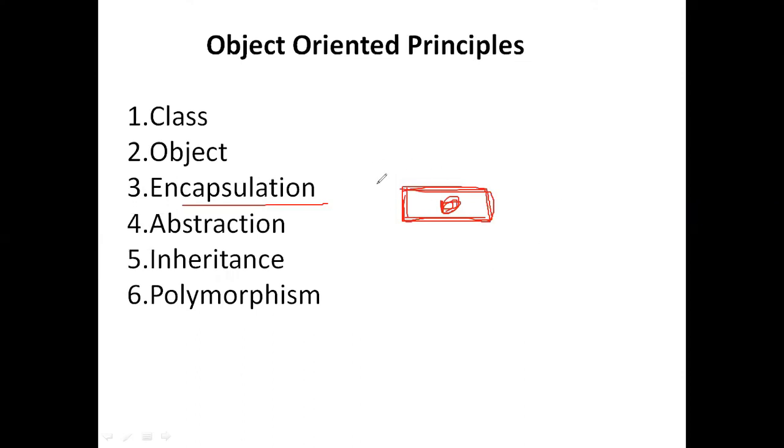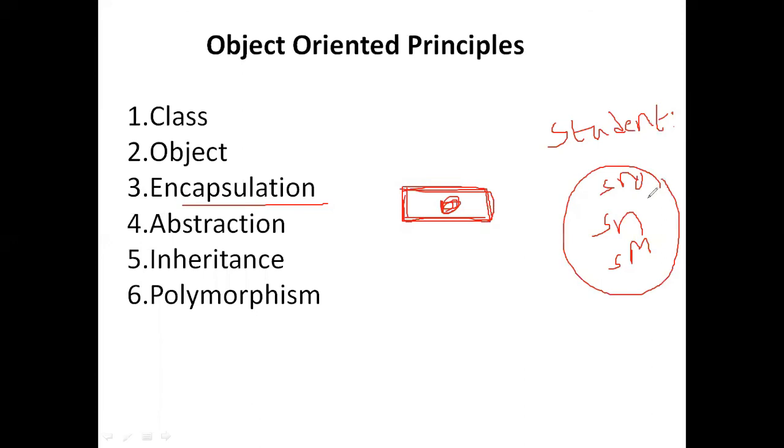In our previous example, student is the class name. Now the data related to student, for example student number, student name, student marks, all these are wrapped up into one single unit known as student. For example, there is a class faculty.